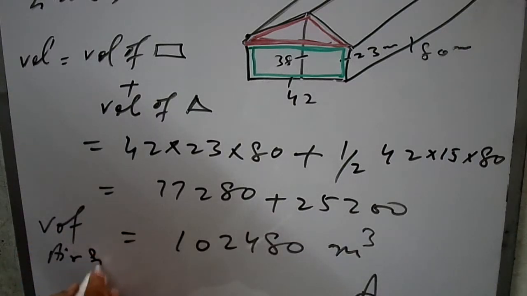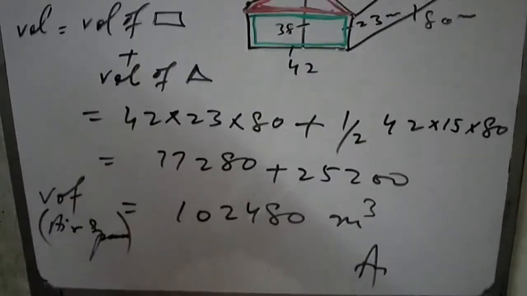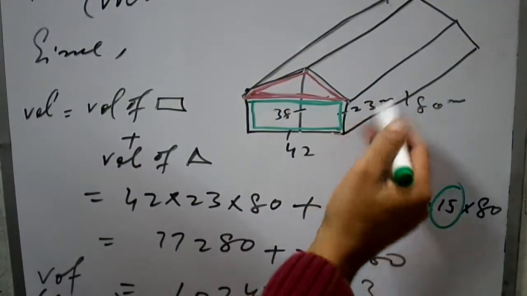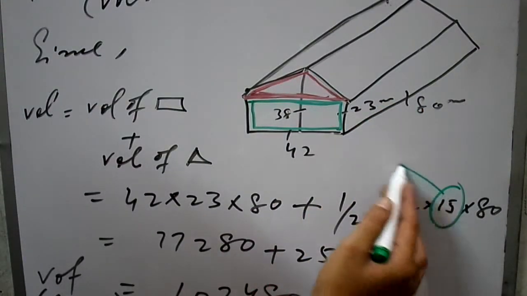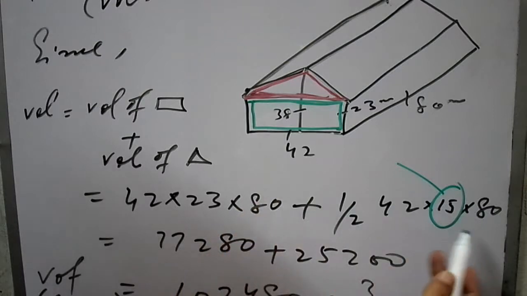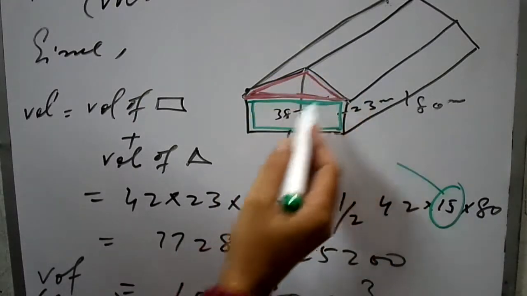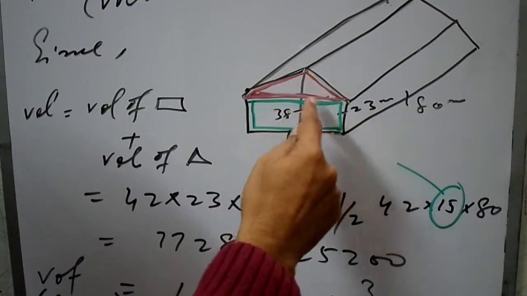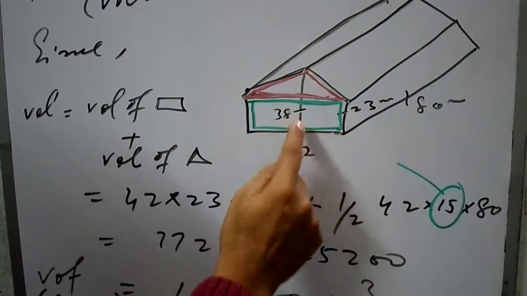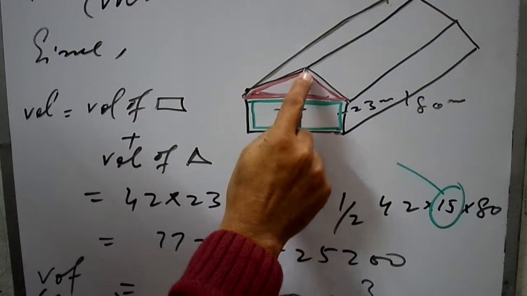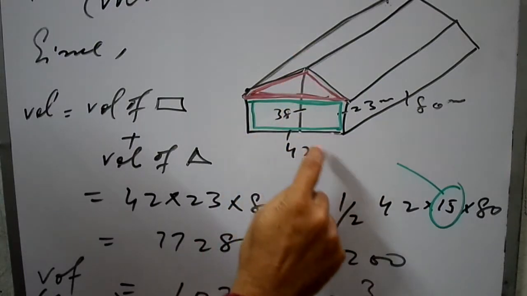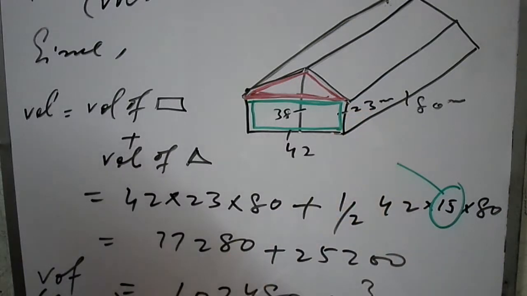But the question which has been raising in our mind is how can I get the 15 here, because 15 doesn't appear in this diagram. Actually, for the triangle, you can see here the full height is 38 and this height is 23.